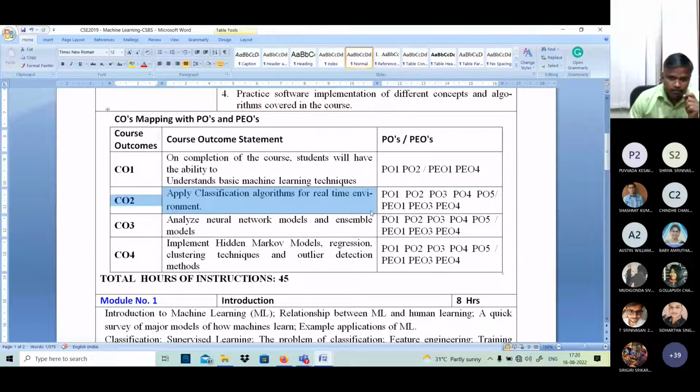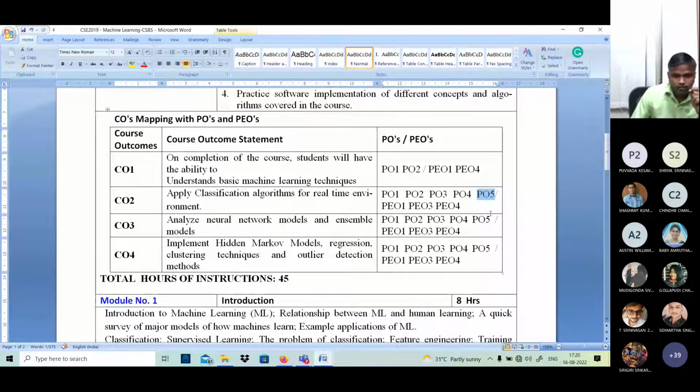CO2 is mapping with engineering knowledge, problem analysis, and designing the solution. PO4 is investigating the complex problems, and the fifth one is modern tools. Here we will use some modern tools like neural network designing tools and animation tools, right?